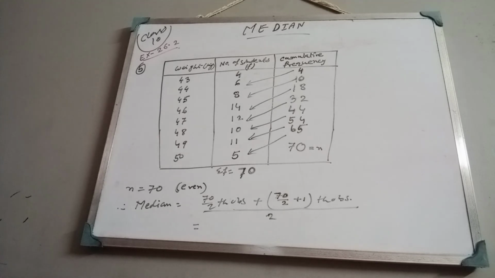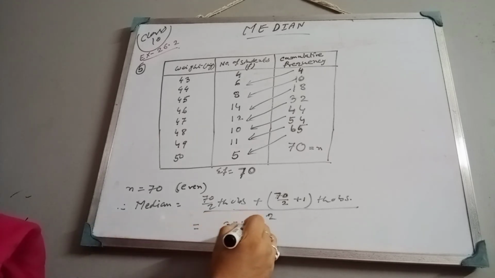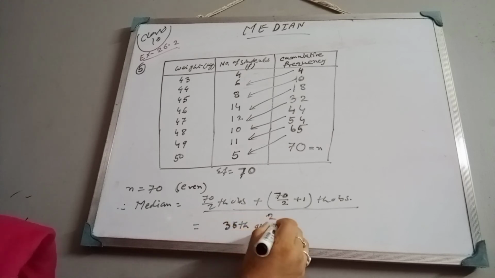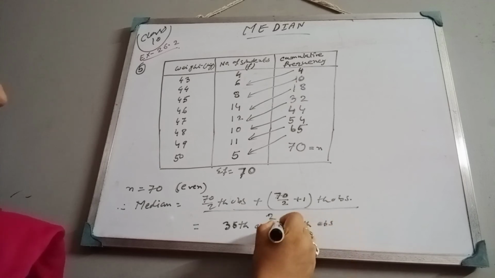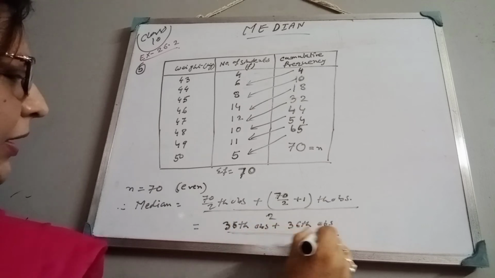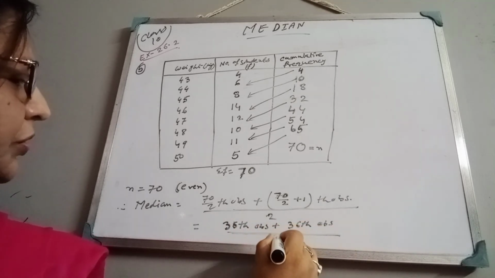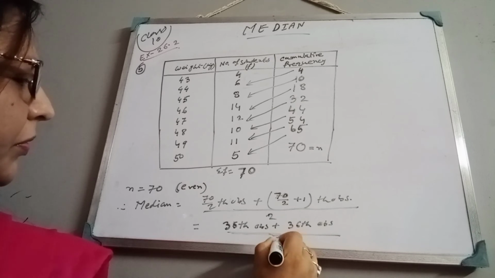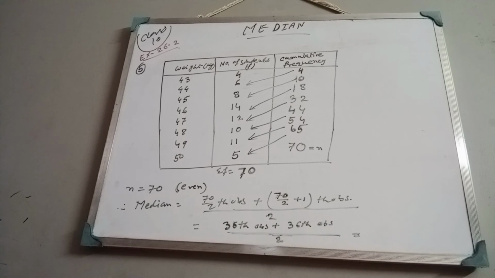So the 35th observation plus the 36th observation, whole divided by 2.